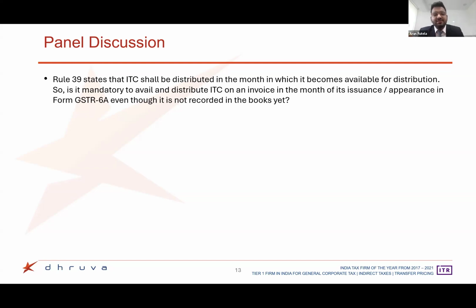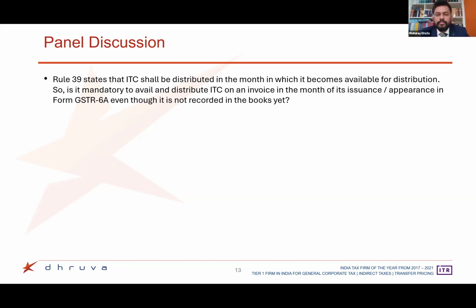So if an invoice is raised in April 2025 and appears in GSTR 6 of April 2025, and you add that invoice in table 3 of April, it becomes available for distribution in the month of April itself. However, if you delay it and add that invoice in table 3 of the June GST return, then that ITC will become available for distribution in the month of June.